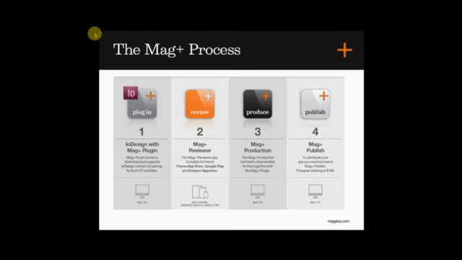You will also install the MagPlus Reviewer, which you can download to your tablet from the App Store, Google Play, or Amazon. And in the end, you will gain access to our publish site. This is where you build your app, and where you can submit it to the iTunes App Store, Google Play, and soon to come Amazon App Store.